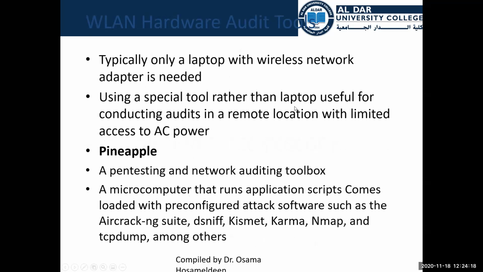Finally, we get to the technology here, the WLAN hardware audit tools. This is talking about hardware type of monitoring and auditing. Typically, we need a laptop with a wireless adapter to, for example, check the existence of an access point. This is very easy.